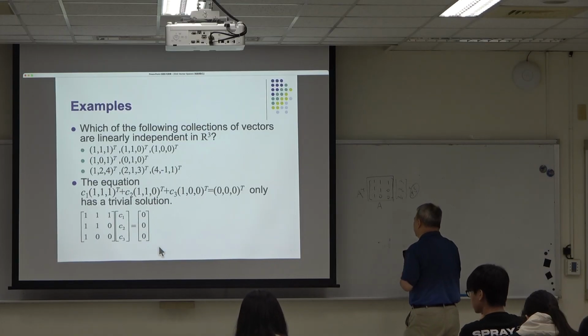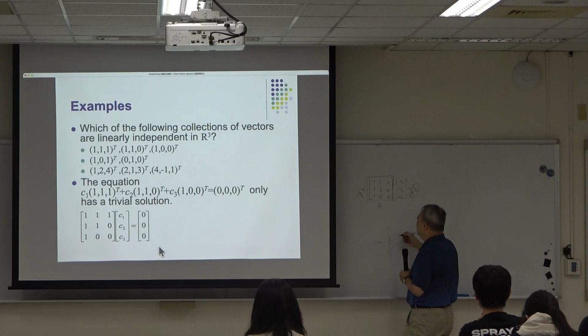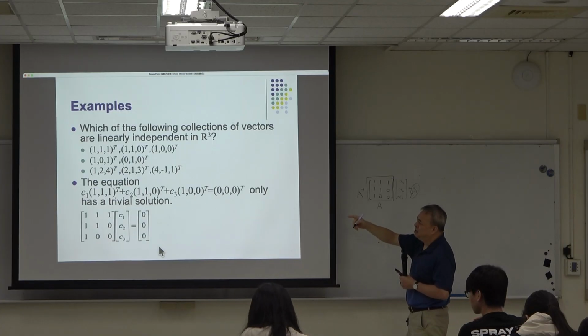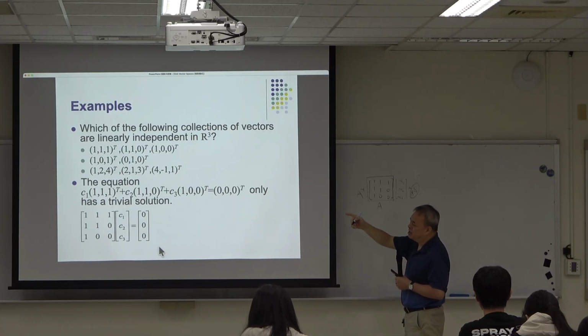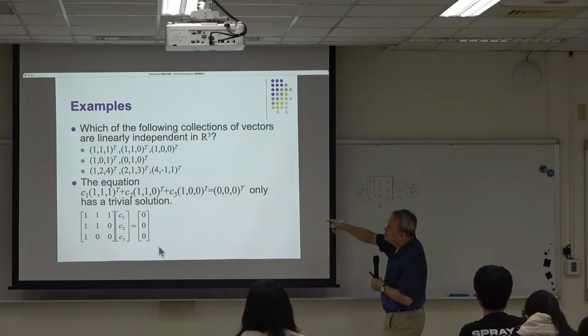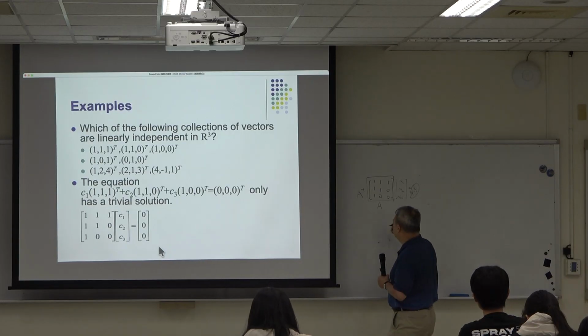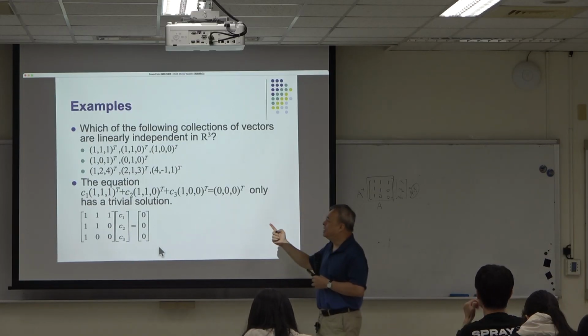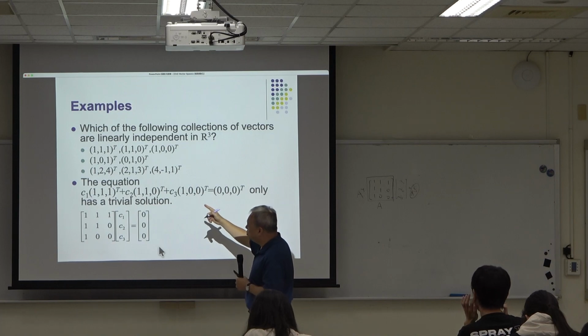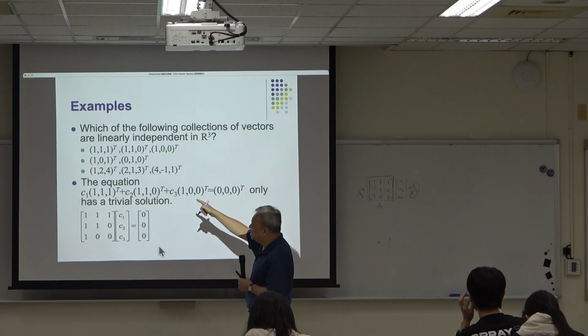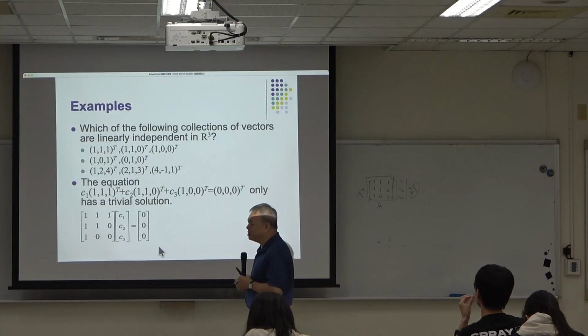You cannot do anything with it, so you just do alpha 1 times the first one plus alpha 2 times the second one equal to 0. You will see, for example, alpha 1 will be 1, alpha 2 will be 2, and the third element will show that alpha 1 will be 1.